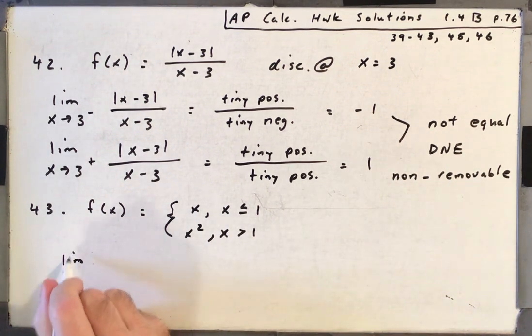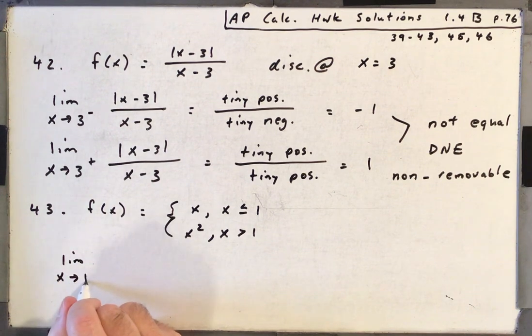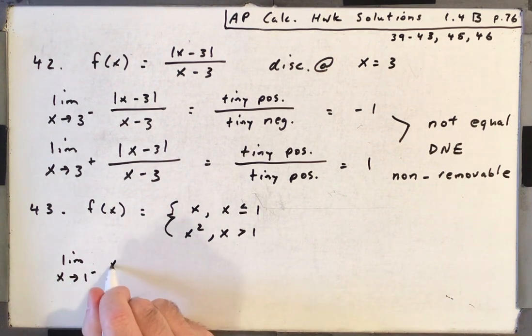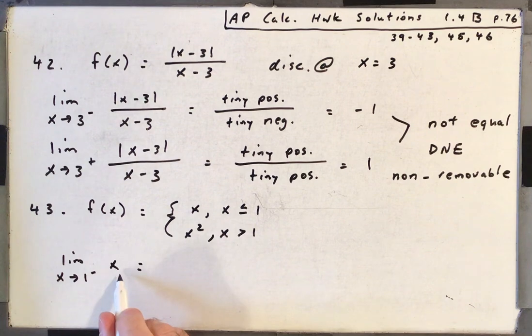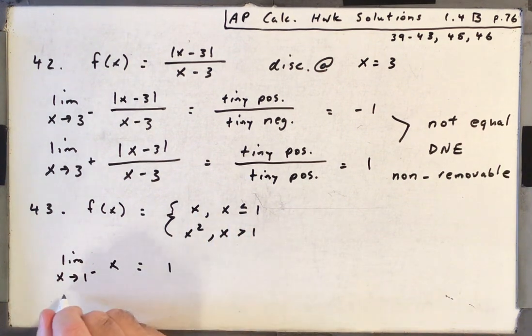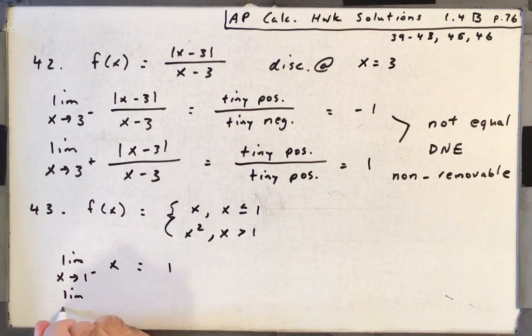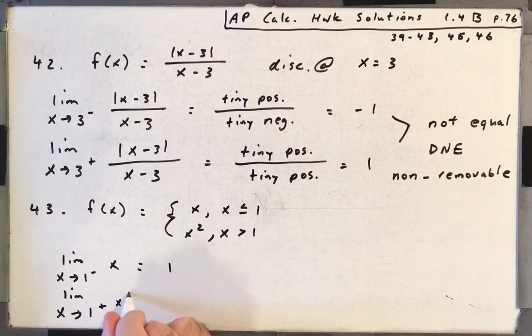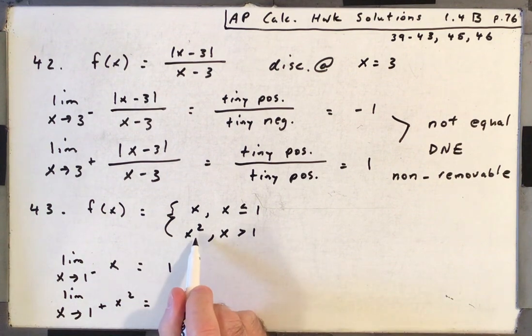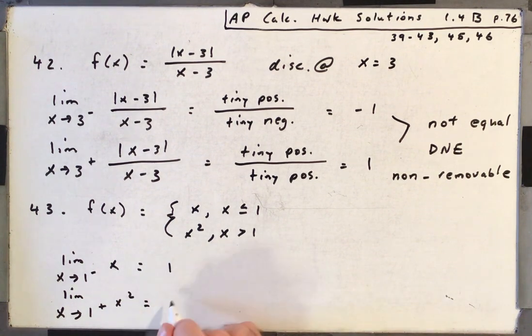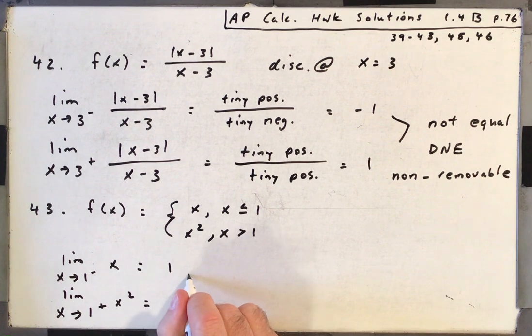The limit as x approaches 1 from the left of x, plug in 1, because you're going to use this one, and it's 1. And the limit as x approaches 1 from the right of x squared, okay, we're going to use this one. 1 squared is 1, right?